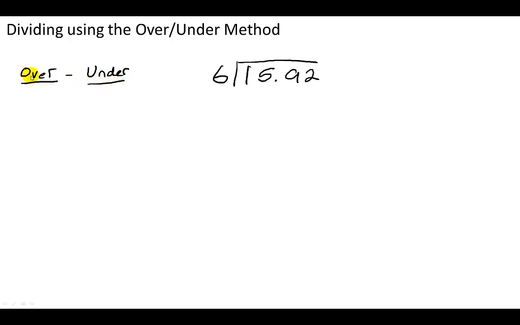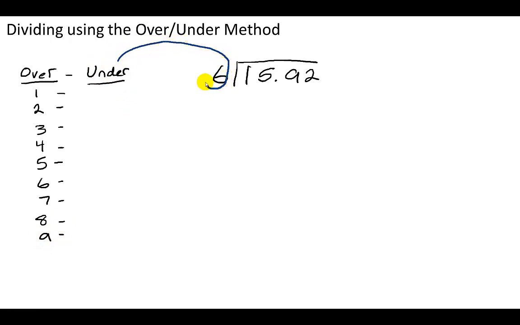Our over list always stays the same. No matter what problem we're going to work on, our over list will always be 1, 2, 3, 4, 5, 6, 7, 8, and 9. Our under list all depends on our divisor.